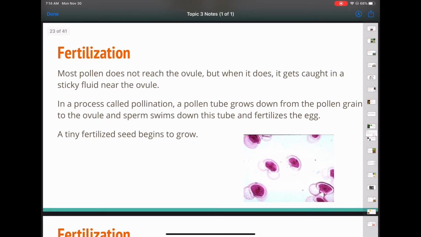So most pollen does not reach the ovule. Okay, so I would encourage you to go to YouTube and look for a video, something along the lines of shaking pollen from a tree. You're going to find videos where there's massive amounts of pollen that come out in the spring or whenever the tree is ready to be fertilized and to help other trees become fertilized.